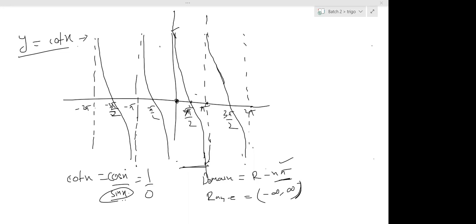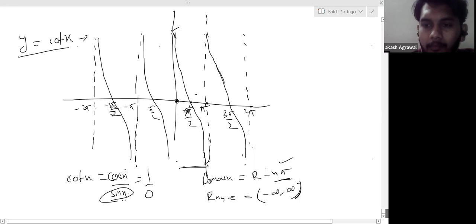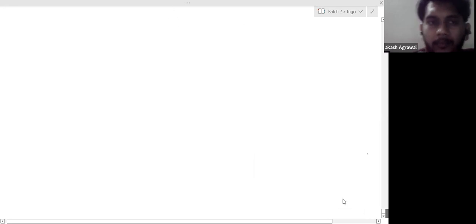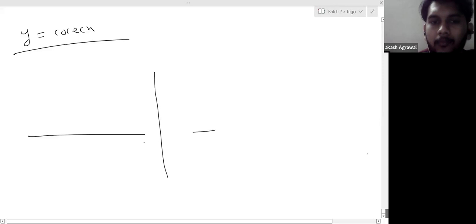All right, graph of cosec x. Again, dotted lines at multiples of pi.